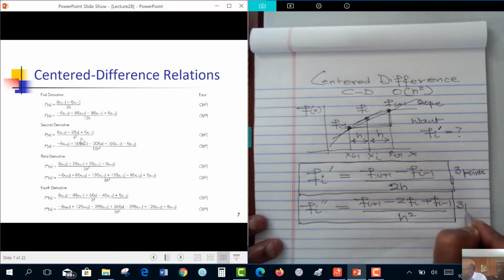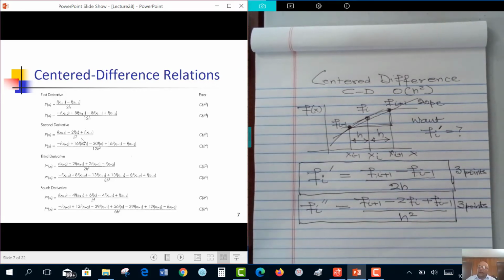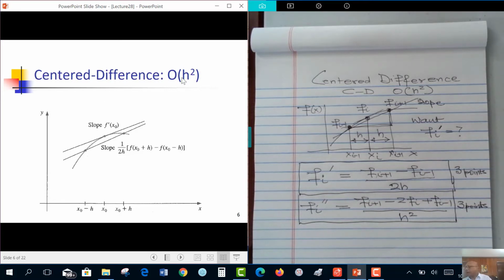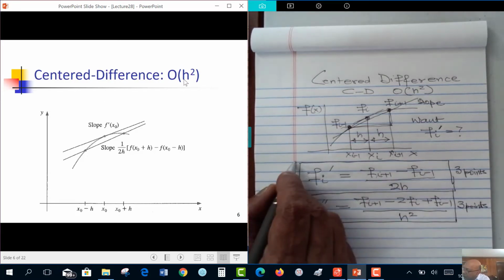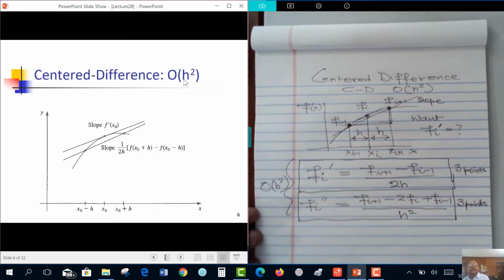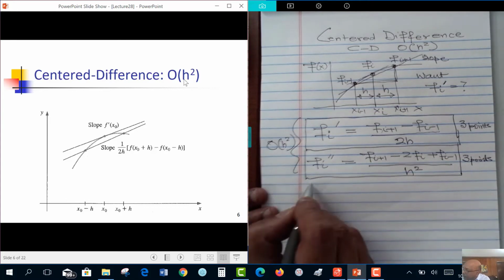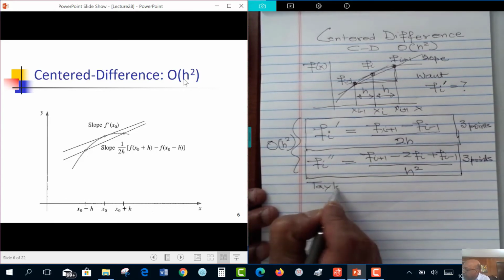So this also requires 3 points. So we say that this is an order h square formula. So these are both order h square formulas where truncation error is proportional to h square. So let's see how we get it. So we'll take Taylor series.